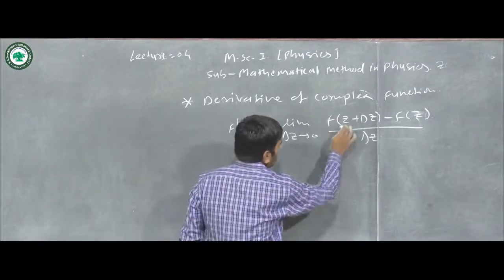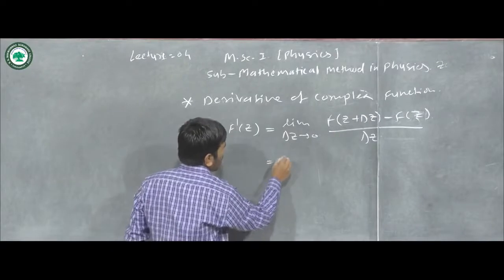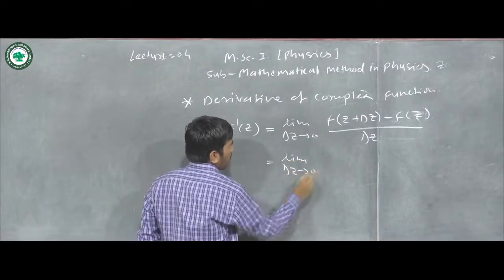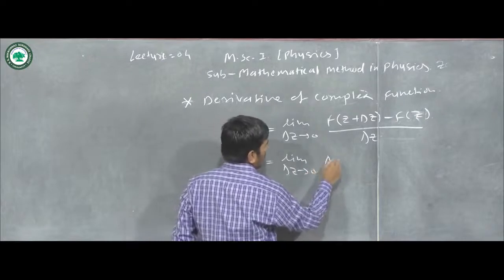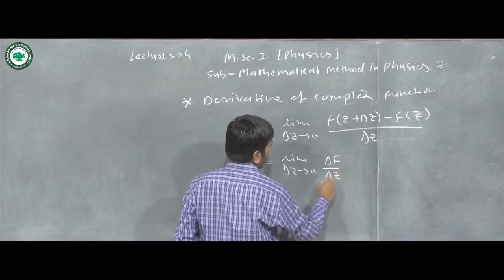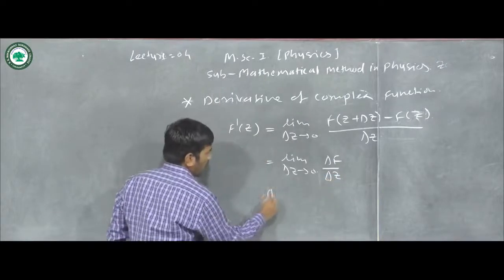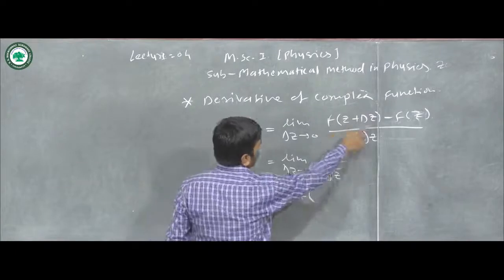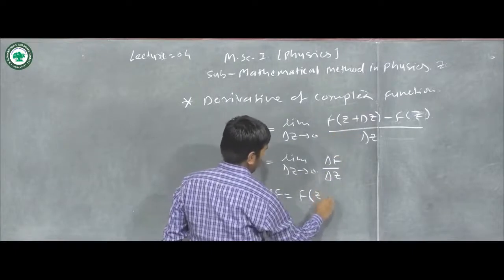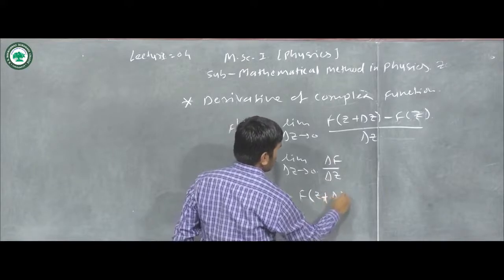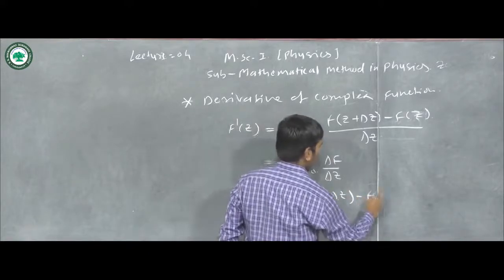Now this I can write like this: limit del z approaches 0 of del f by del z. Because del f is equal to this quantity, that is f of z plus del z minus f of z.